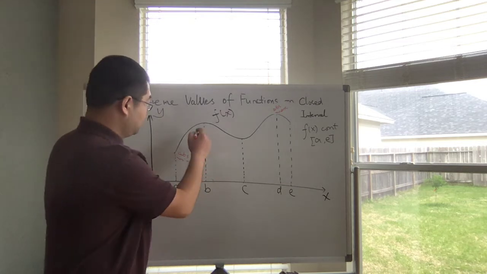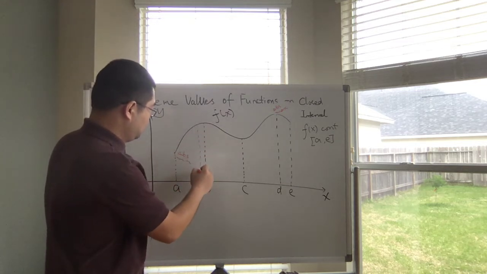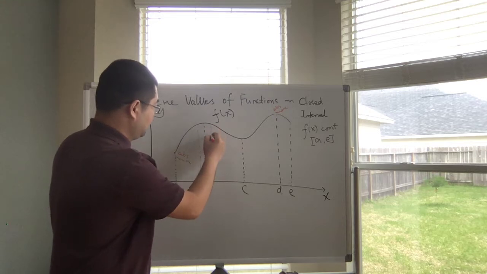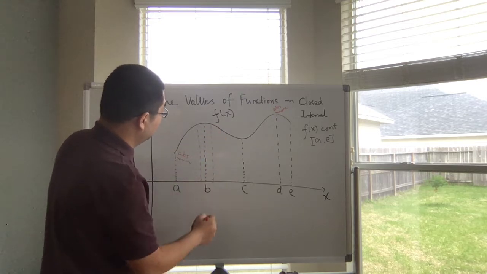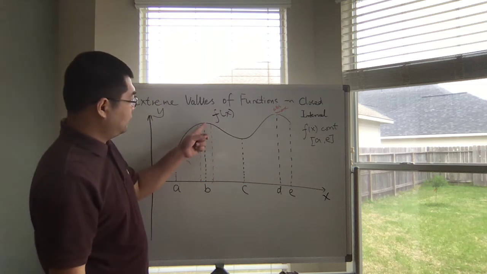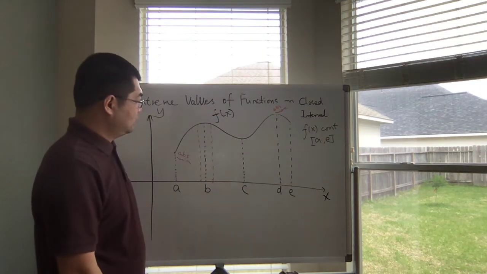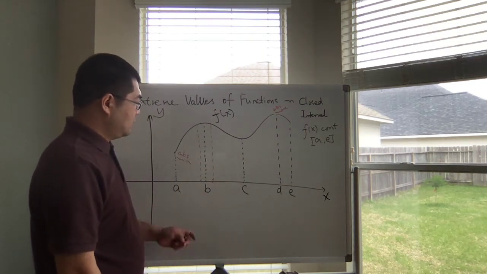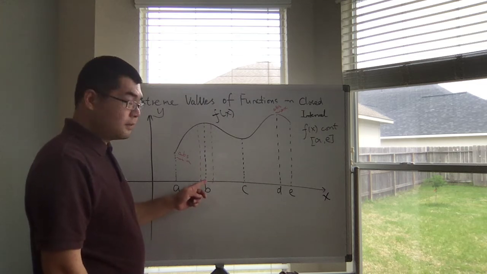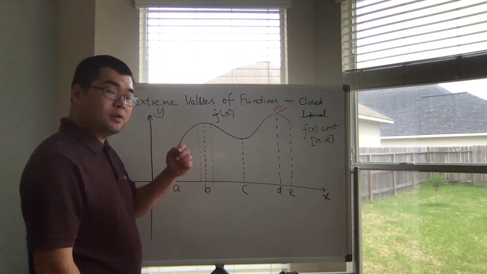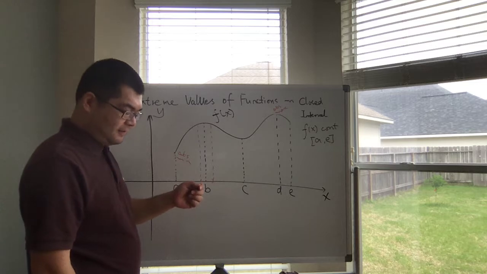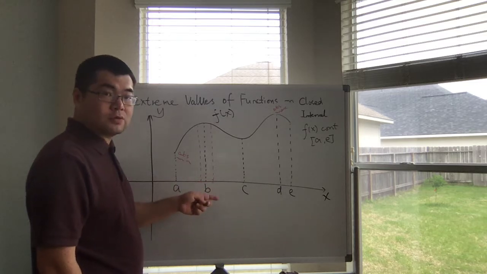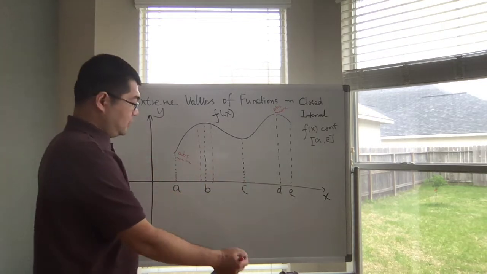We can draw two dashed lines to do a comparison. As you can see, f of b is the largest on this interval. Again, this largest value is only valid on this small interval, so it's a local property, not global.